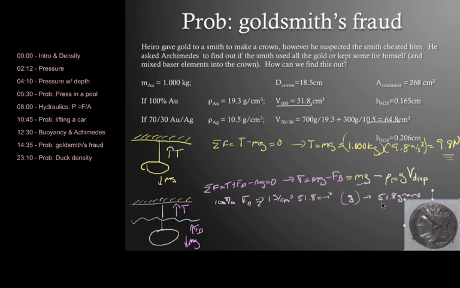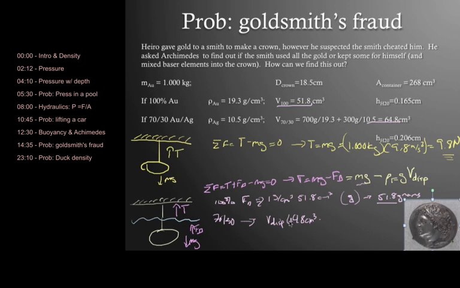But here, what we're going to get is that this buoyant force would be the same as 51.8 grams of the fluid being displaced. So for the 70/30, the volume that's displaced is 64.8 centimeters cubed.